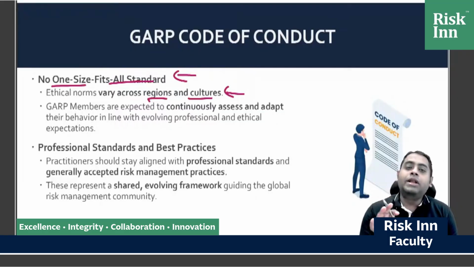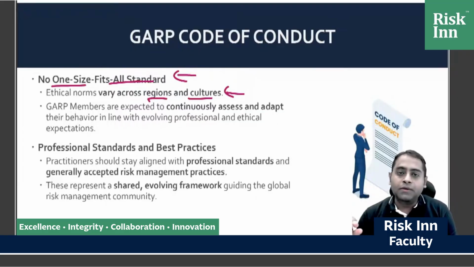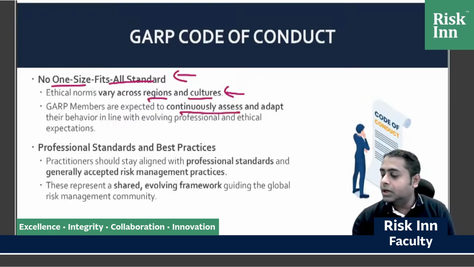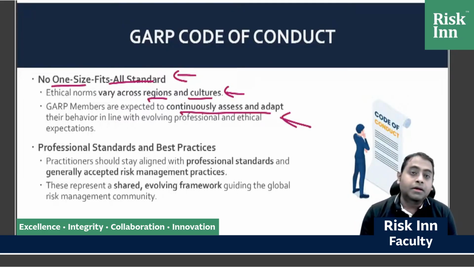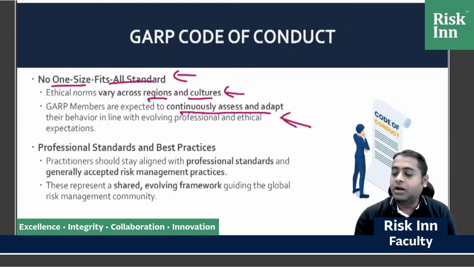So what they are trying to highlight is that they have tried to give a code which is flexible. It is not one fit for all. It is flexible as per the region, as per the culture. But the overall thing that you have to follow is to behave ethically. And you have to continuously learn, continuously adapt, continuously see what is happening in the market. That is a very important part. And whatever you are learning, you have to share it with other participants or other practitioners.